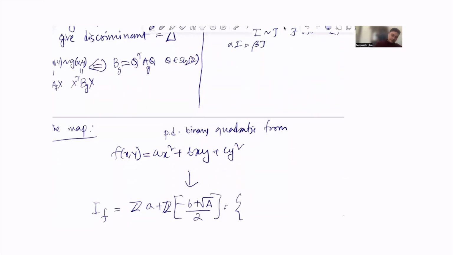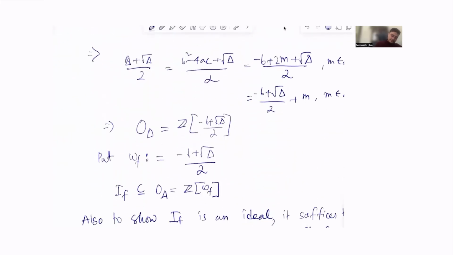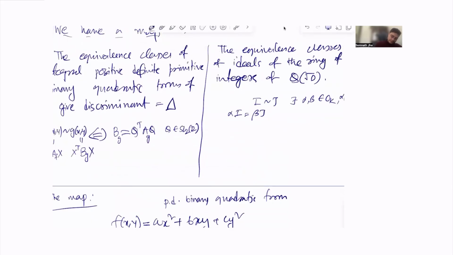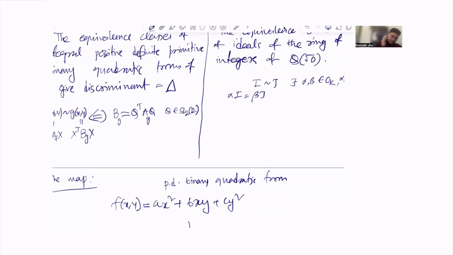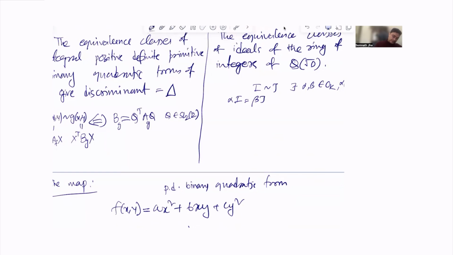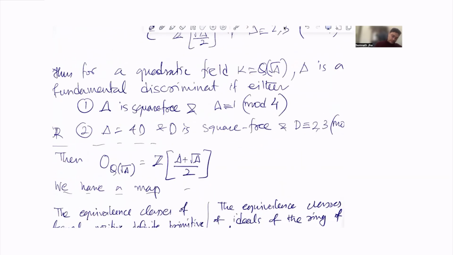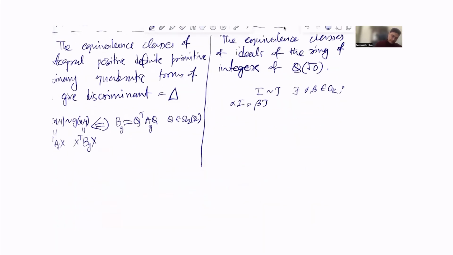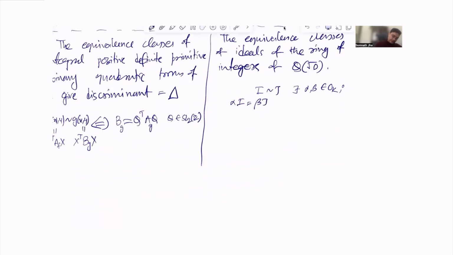This was the equivalence relation, and so what was the map?